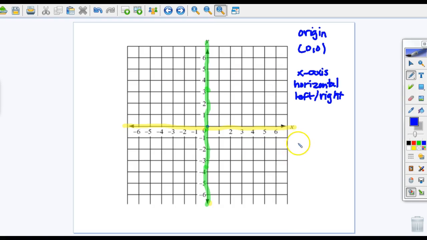So I'll write down y-axis. It is a vertical line. And it goes up and down.